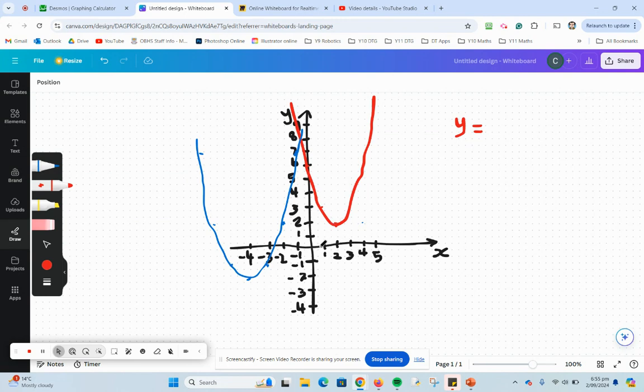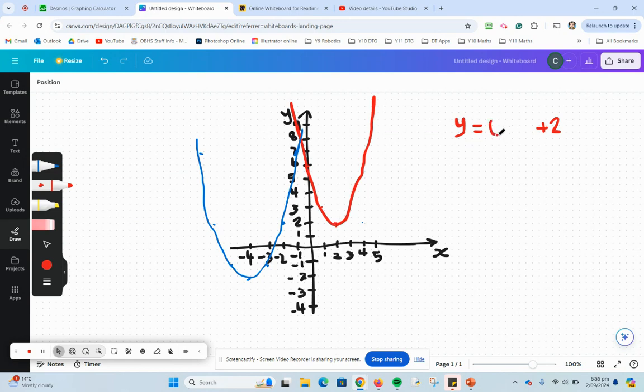So y equals something. Okay, so I'm looking at this, and it's at plus 2 across. So I know it's going to be plus 2 at the end, because the constant part, remember, shifts it across. I know there's going to be an x squared, but since it's gone up, it has to be minus x squared.